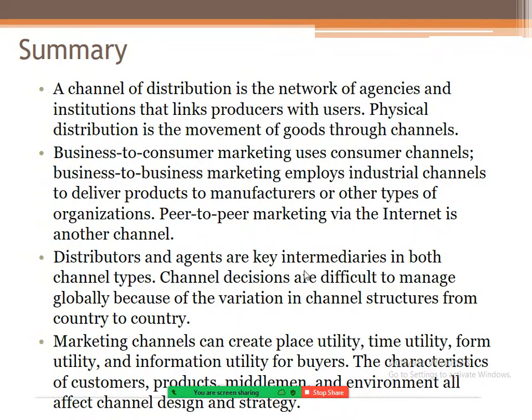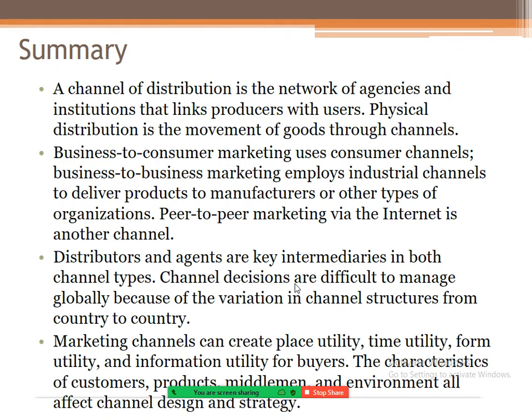Okay. So we'll summarize today's chapter. A channel of distribution is the network of agencies and institutions that links producers with users. Physical distribution is the movement of goods through the channel. Business to business marketing uses consumer channels.